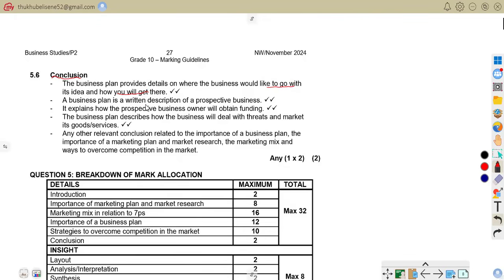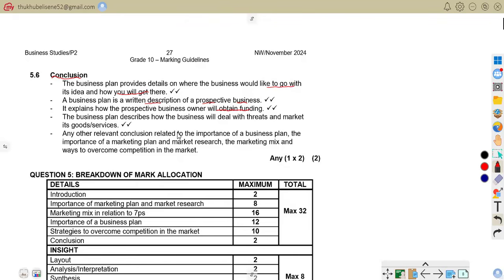A business plan is a written description of a prospective business. So it's a written document. Remember that it's a written document that outlines the company's goals, strategies, target markets, and financial forecast. It also explains how a prospective business owner will obtain funding.